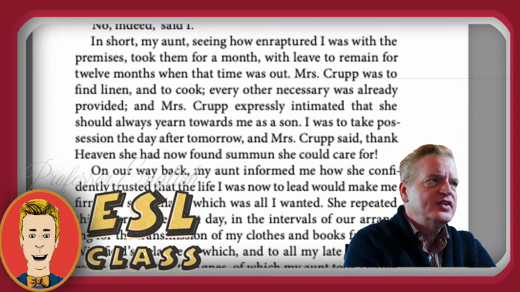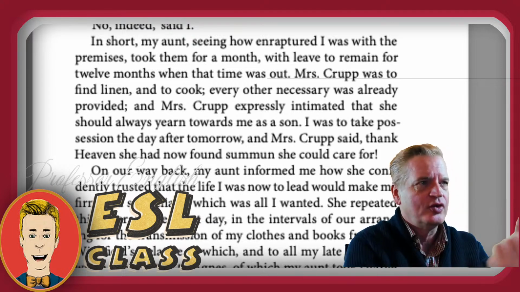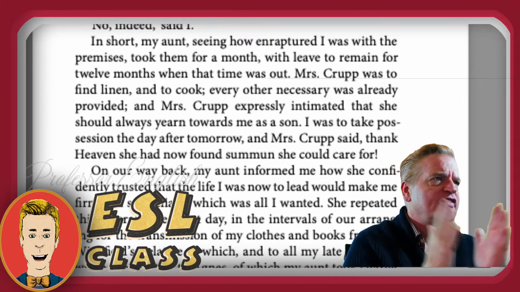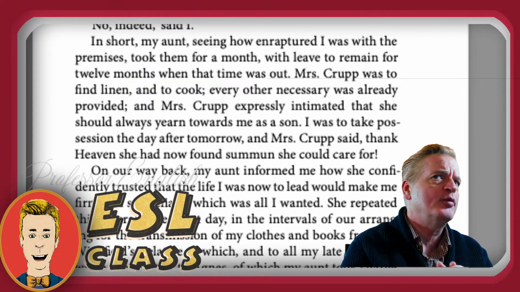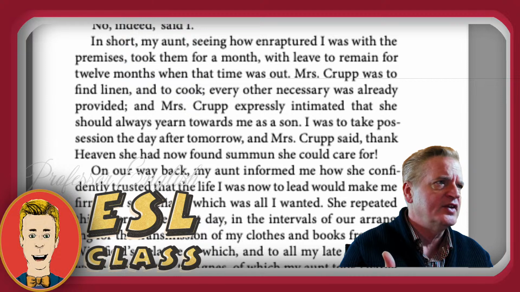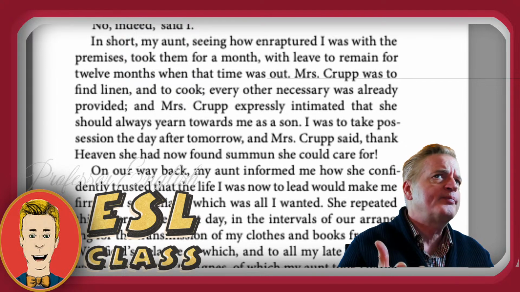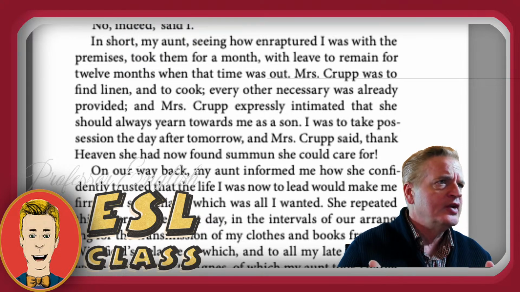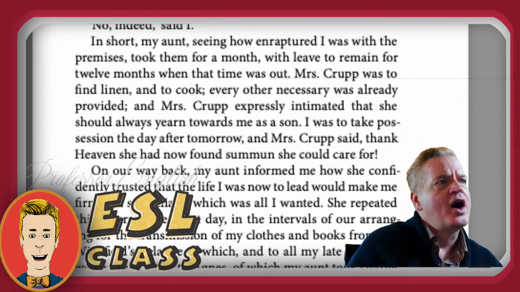Okay, this is our first long phrase. Because these other phrases were short: in short, my aunt. But now this is our first really long phrase. And we have to think about which words we are going to focus on in this sentence. Probably you will focus on verbs, nouns, adjectives, or adverbs. So what words do you think are important?